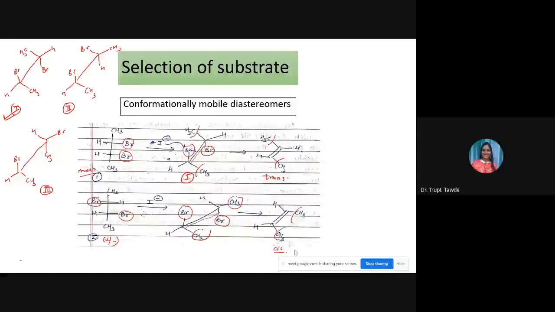For acyclic systems where the conformations are very mobile, we can decide the product stereochemistry on the basis of two rules. Either we can consider the conformer which is highly populated, because if that is highly populated then its reactivity can be considered, or we can consider the conformer which is satisfying the stereochemical requirement of the reaction.